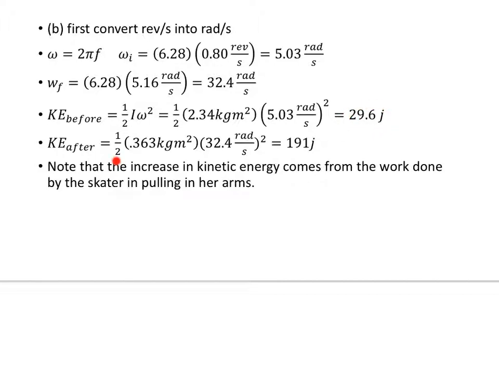After she pulls her arms in, then her moment of inertia is reduced to 0.363 kilograms square meters, and her angular velocity was 32.4 radians per second, which we square, and this is 191 joules. Notice a much bigger number here than before. And so the increase in kinetic energy comes from the work that she does in pulling her arms in.